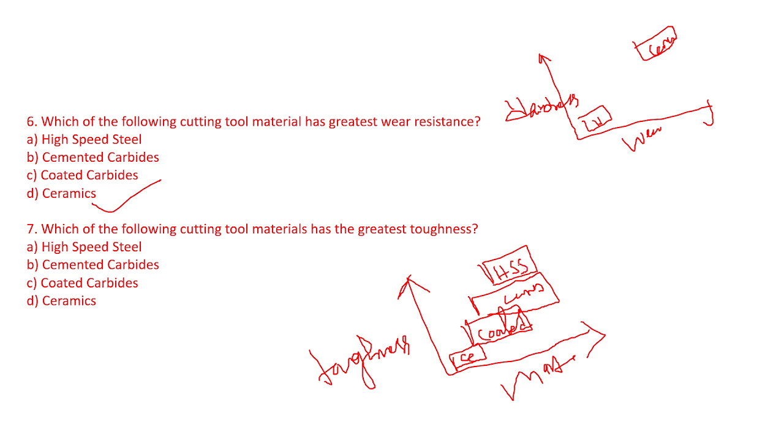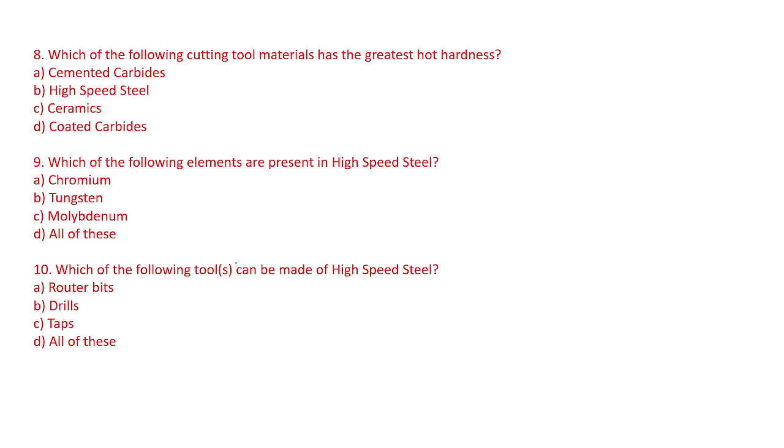From that plot itself we can tell that high speed steel has the greatest toughness with respect to the other cutting tool materials. So the right option is high speed steel.